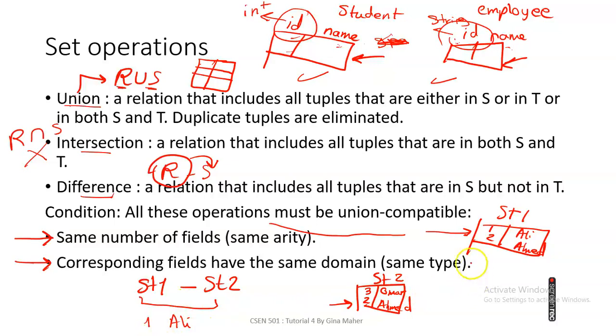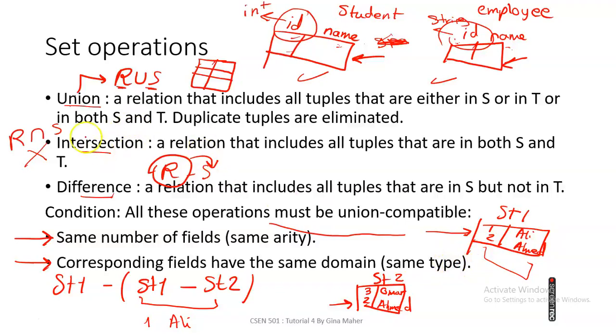Okay, how do we get the second tuple, which is the intersection between both, from an operation other than the intersection? Simply we can make student 1 minus all of this, which means the whole relation minus this one. The whole relation minus this one will get us the second tuple, which is 2 Ahmed, the intersection between both.